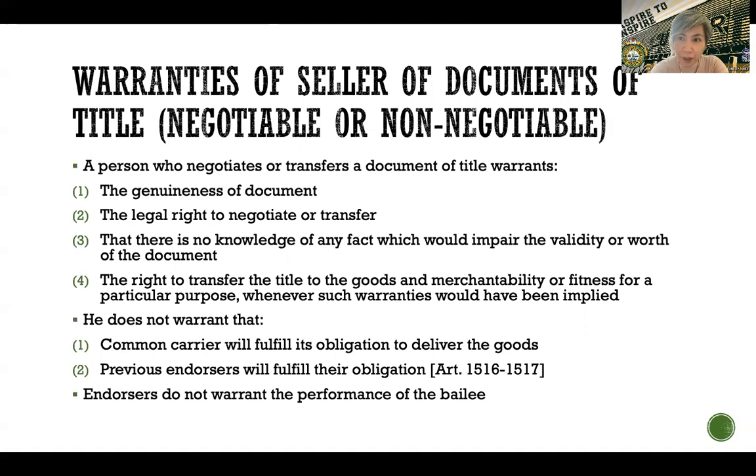However, there is no warranty that the common carrier will fulfill its obligation to deliver the goods, or that previous endorsers will fulfill their obligation. So endorsers of the document of title will not warrant the performance of the bailee.